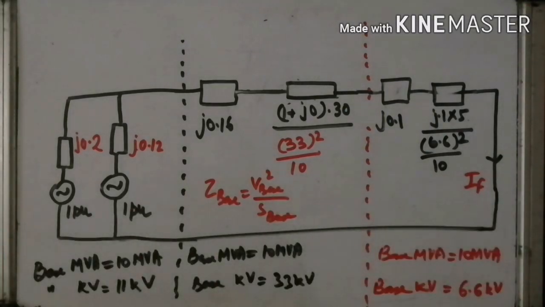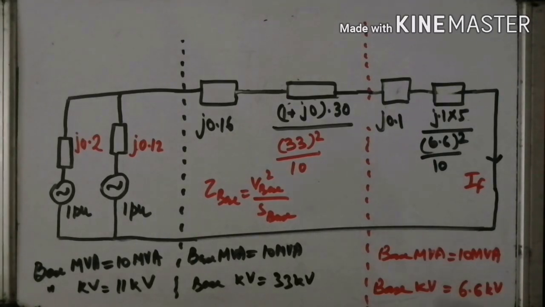right? Once again I am repeating here, after taking the base values of MVA, which is same throughout the circuit, and kV rating, it depends upon the voltage ratio of the transformer, that is 11 kV, 33 kV and 6.6 kV. These are the sections.